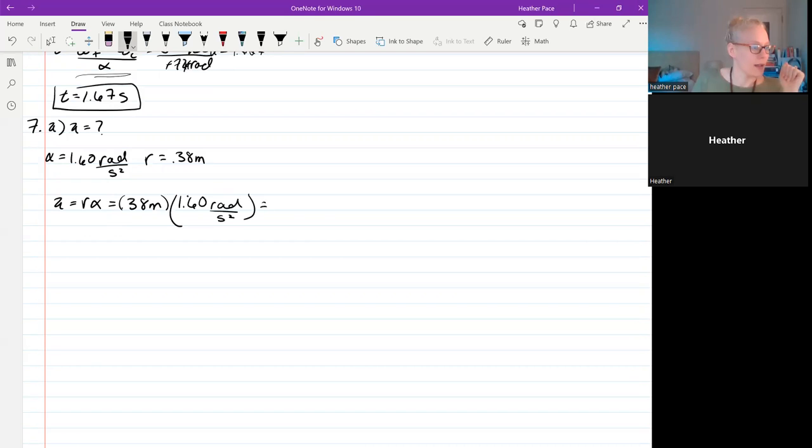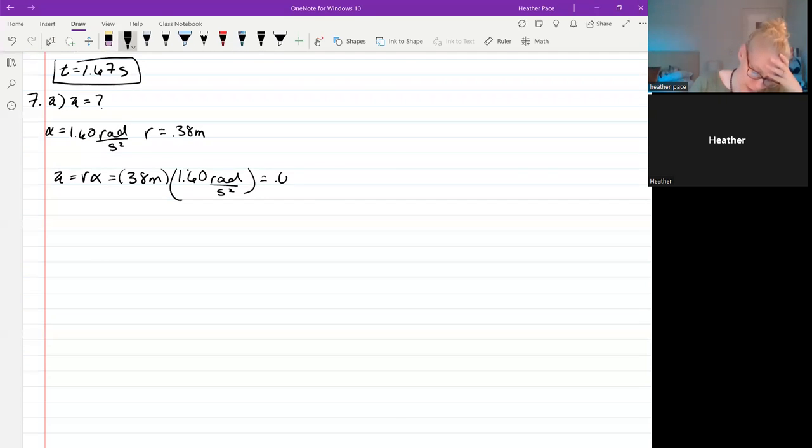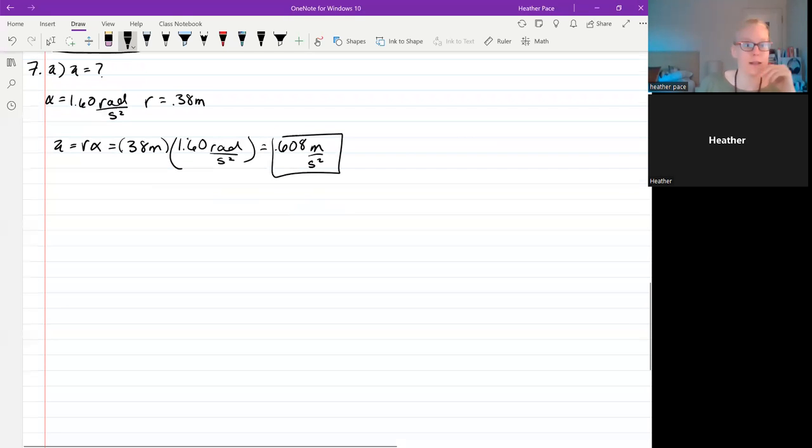And if we plug that into our calculator, we end up with 0.608 meters per second squared. Right. And B asks: what is the angular speed of the wheels when the cyclist reaches 11.0 meters per second? So what is omega when v equals 11.0 meters per second?